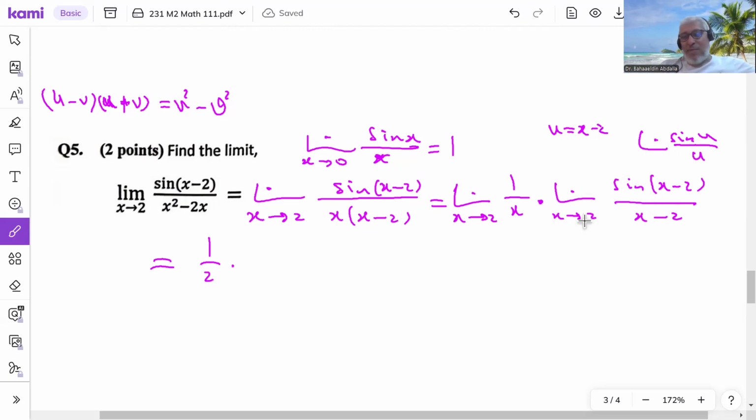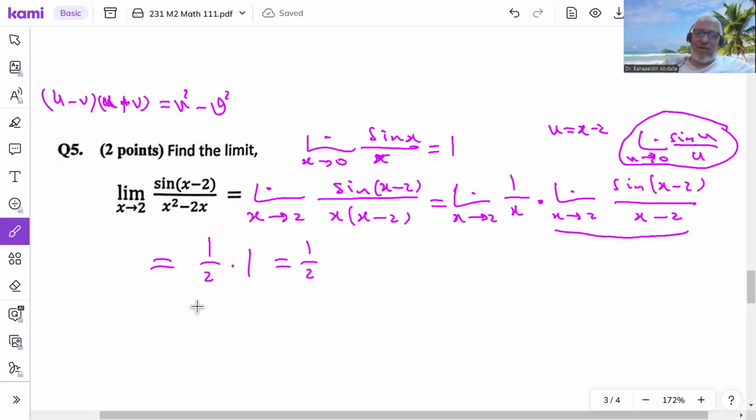And now when x approaches 2, what happens to u? It would be 2 minus 2, which is 0. So in fact, this limit is exactly equal to this limit. And this limit is 1. So this limit is 1, and the answer is half times 1, which is half. So that's the answer.